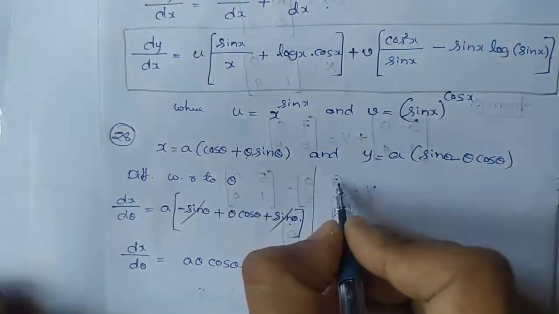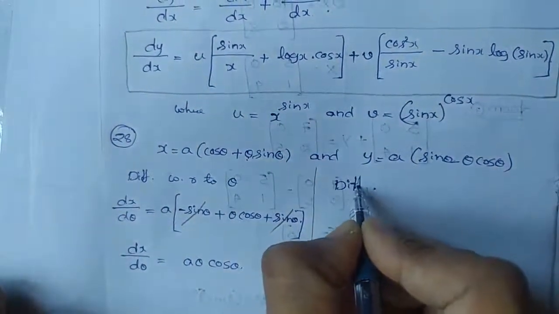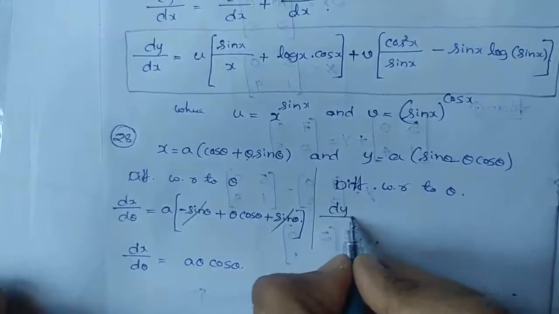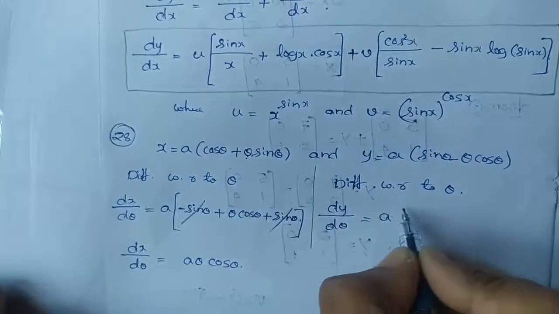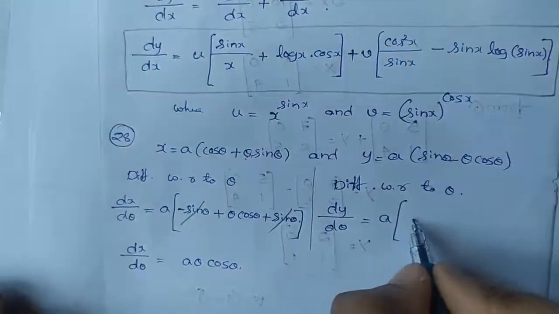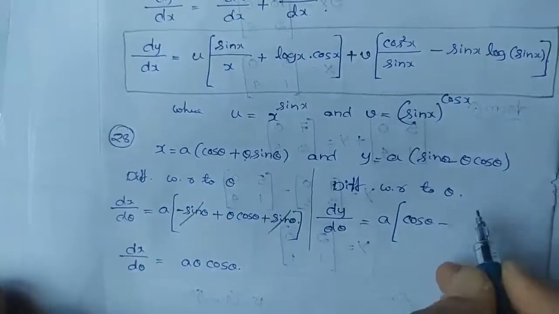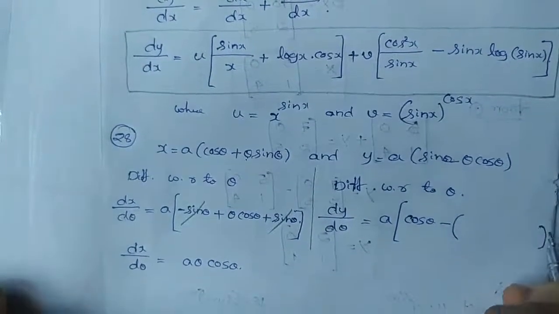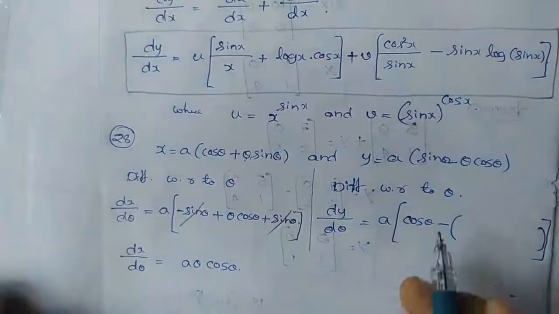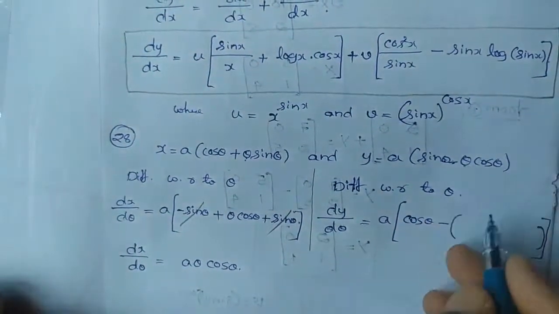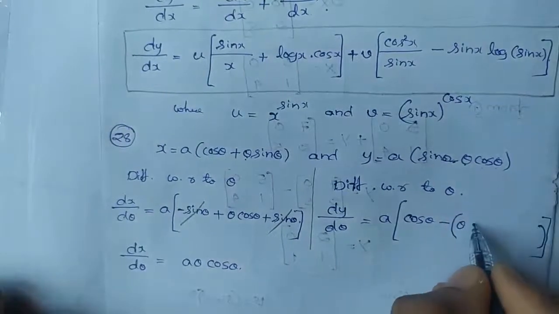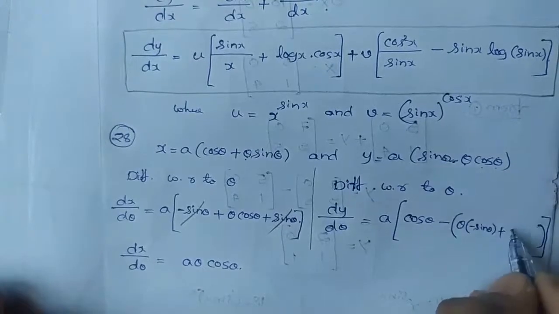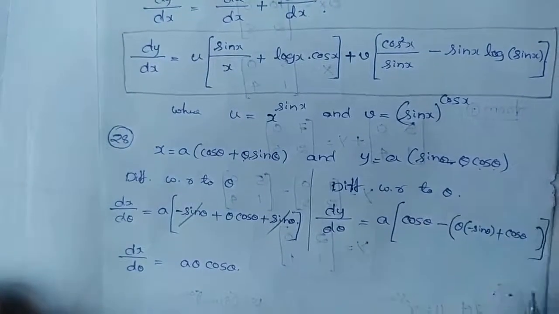Next, similarly find out differentiation of y with respect to theta. So dy by d theta equals, a is constant, keep it as it is, differentiation of sin theta is cos theta minus, here we have minus, be careful while writing the sign. So minus of theta into differentiation of cos theta is minus sin theta, plus differentiation of theta is 1.